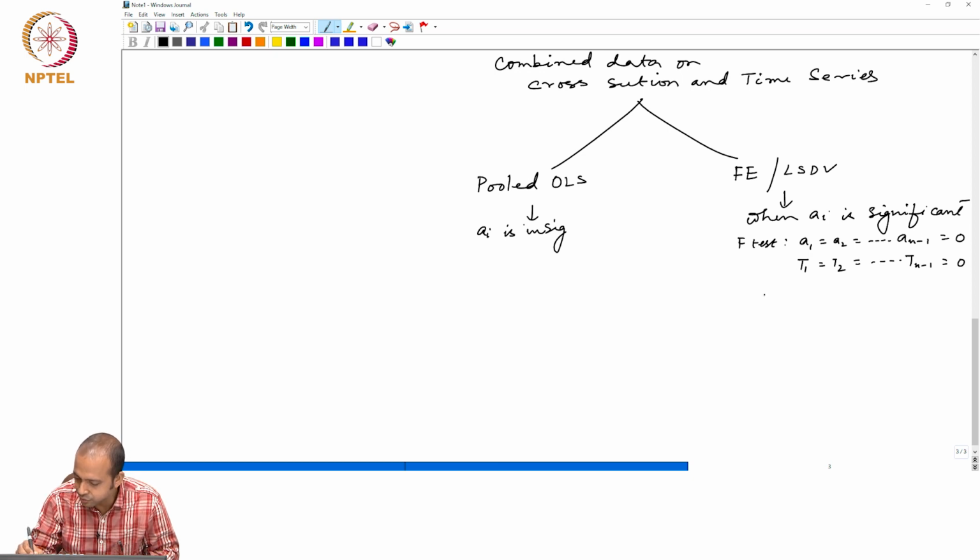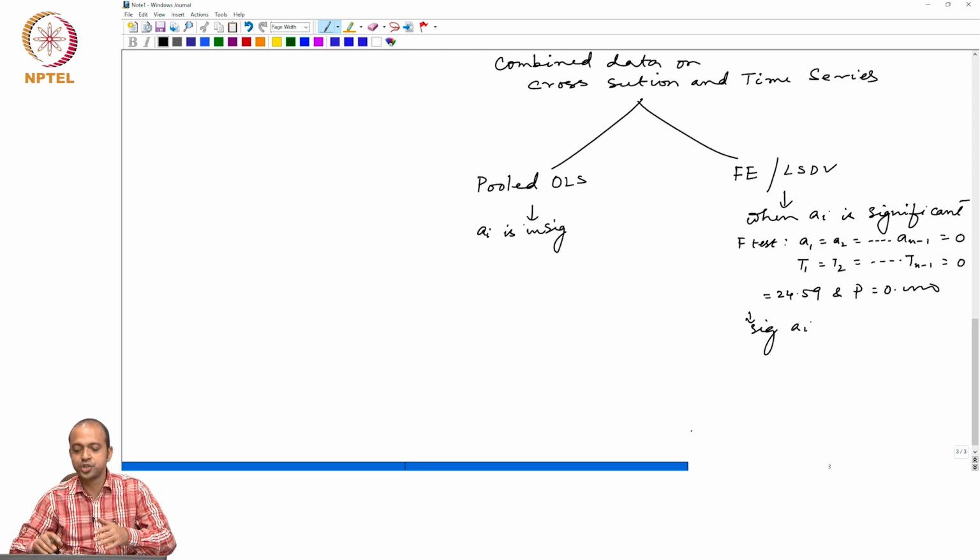So, that means this is significant AI, and that is why the situation calls for a fixed effect model to be estimated, not pooled OLS.